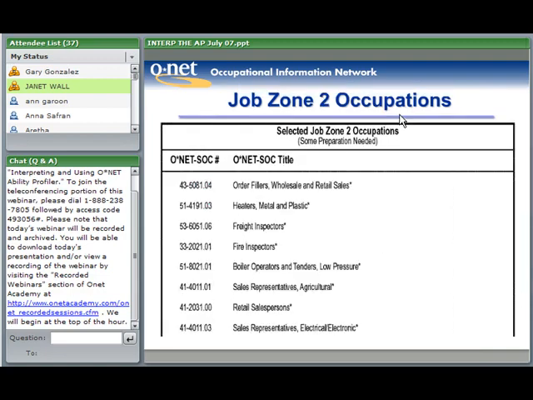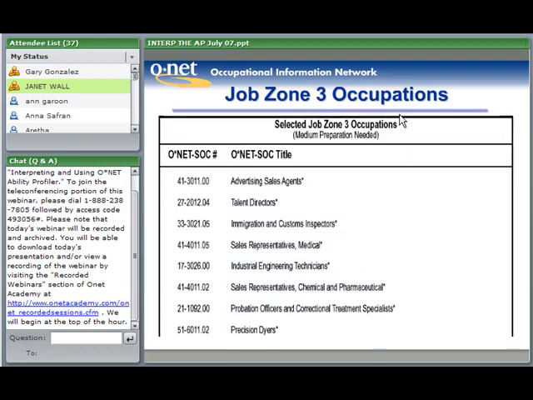They also get a listing of job zone 2 occupations: order fillers, wholesale and retail sales, feeders, metal and plastic, freight inspectors, fire inspectors, boiler operators and tenders, sales representatives. Job zone 3, and I hope you can see that with these occupations, the requirements tend to be increasing: advertising sales agent, talent directors, immigration and customs inspectors, sales representatives for medical.